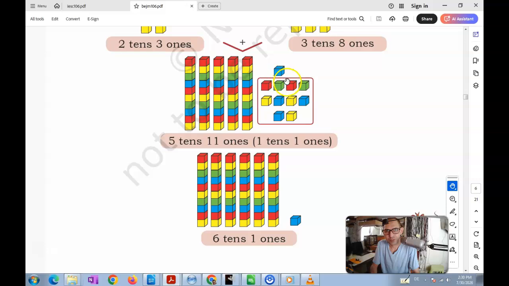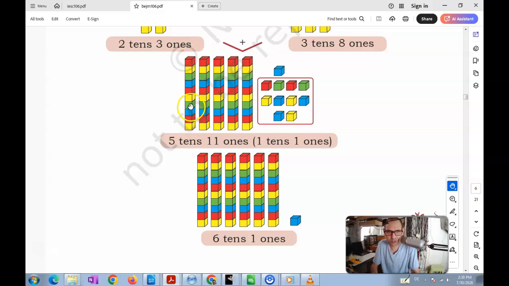Now, it would be okay if I had, for example, 5 ones or 6 ones or 7 ones, anything under 10. But when it becomes greater than 10, you can do the grouping one more time. I have these 11 loose cubes over here, and 10 of them I will put together to make a group of 10.